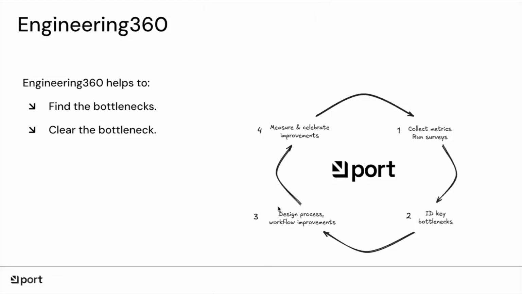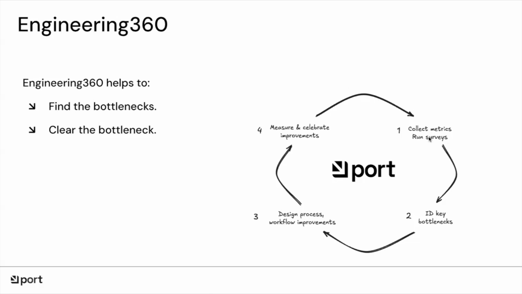We saw at Port a lot of our clients and customers who need to understand what the biggest bottleneck is, and they just started by implementing something. Maybe they started with some kind of service catalog, maybe with self-service actions or something else, but they didn't solve the biggest bottleneck first.